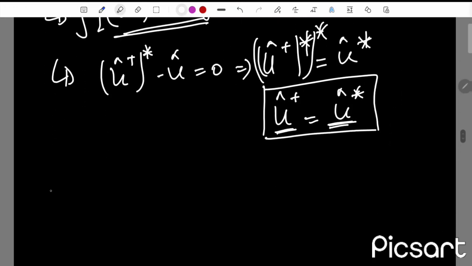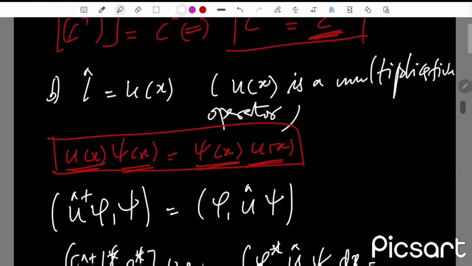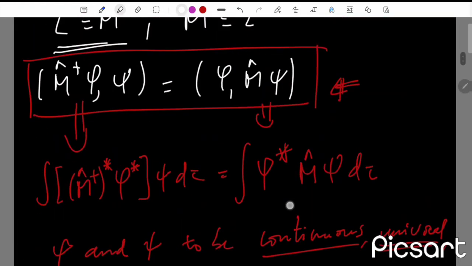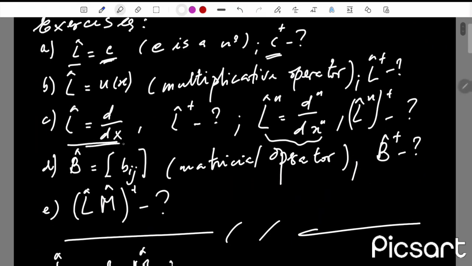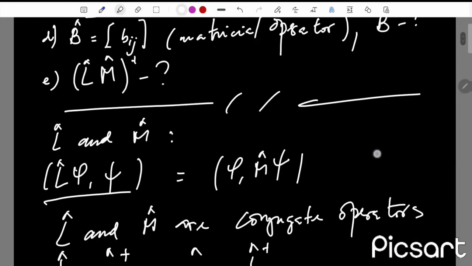For now, we go on solving the exercise C, which is we have this operator, and we must search the conjugate operator of it, and also we must try to obtain the complex conjugate of the nth derivative operator or differential operator.